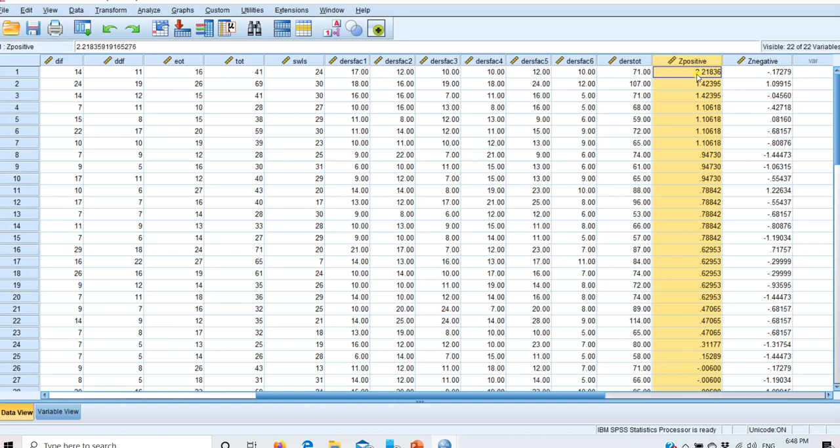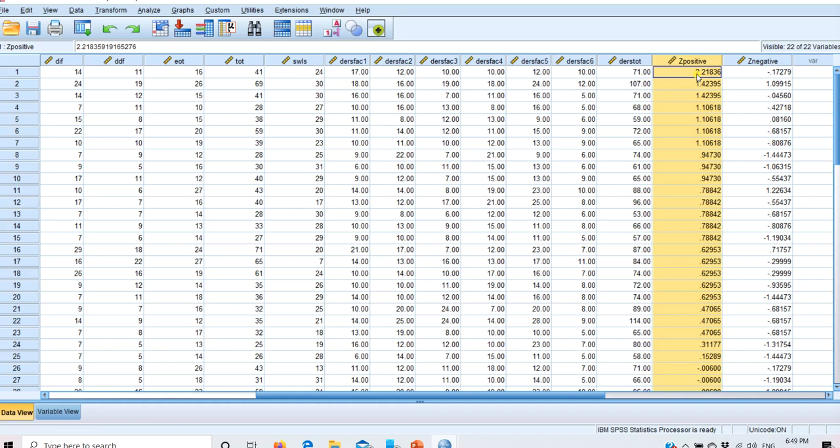But since this data set is smaller, 53 cases are there, we can go with a more relaxed criterion, 2.5, because the larger the sample, the more likely the distribution is normal, and the smaller the sample size, the less likely it is normal.